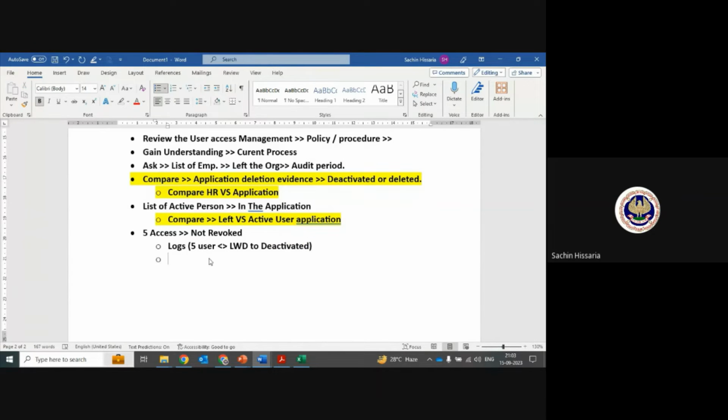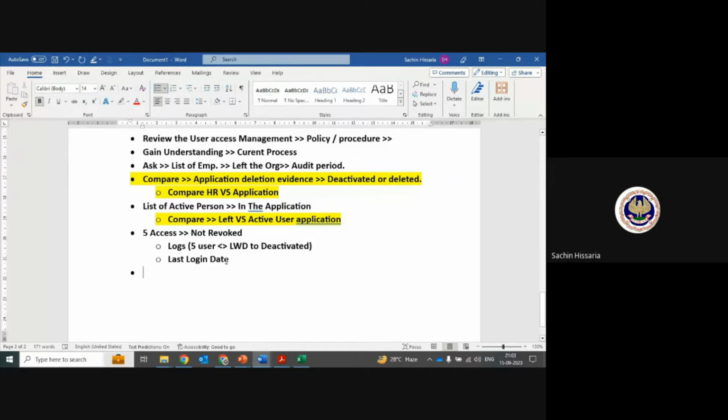I will also ask for the last login date. I want to check whether any person has logged in from this particular account during the delay. So I will ask for these two data and only then will I conclude whether it will be reported as a high observation or a medium observation. So we should know this process.